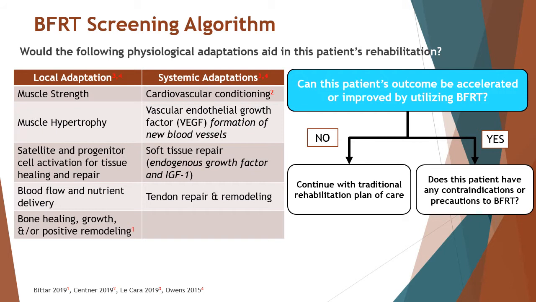Systemic adaptations. Would the patient benefit from cardiovascular conditioning? Would they benefit from VEGF, a growth factor for the formation of new blood vessels to provide additional nutrients and oxygen to the area? Soft tissue repair. Would they benefit from tendon repair and remodeling on a systemic level due to the hormonal effects of BFR?